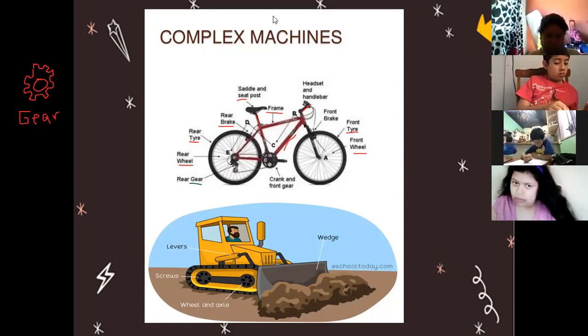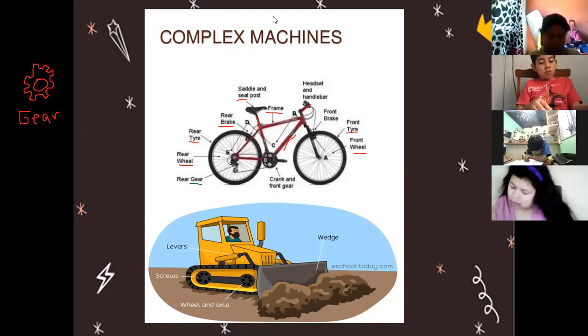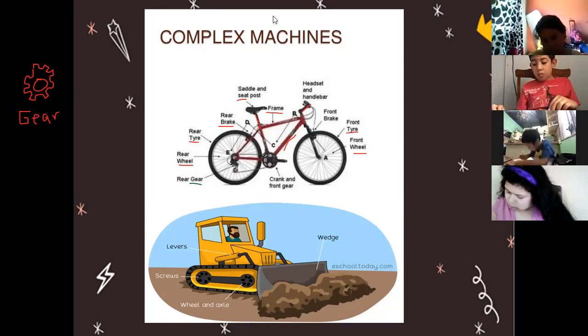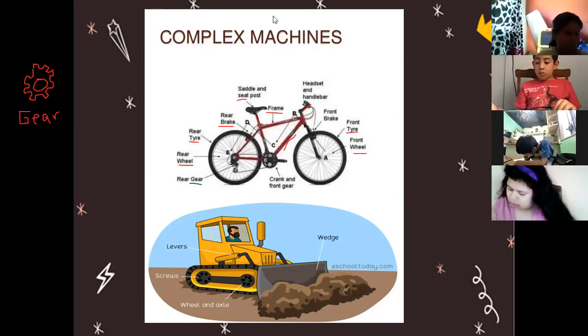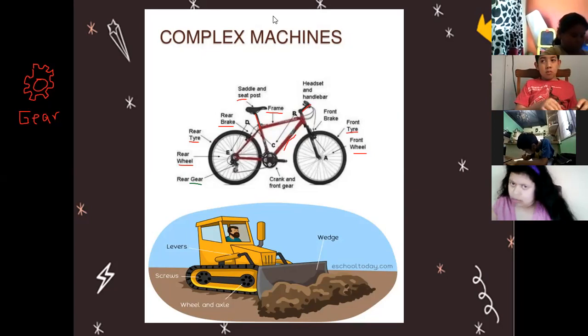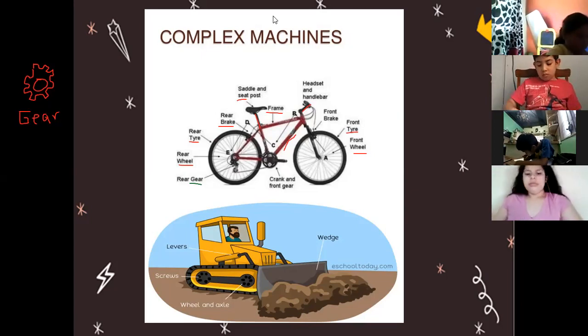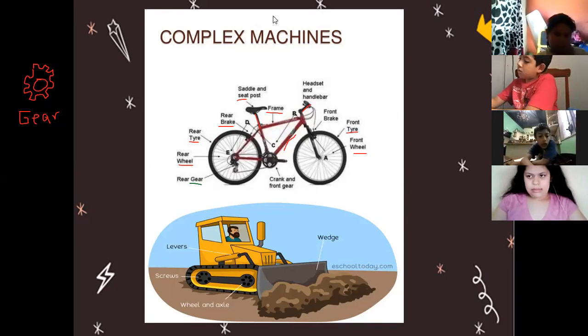So all the objects that are around you are simple, compound, or complex machines. What do you think a car is? Do you think a car is a simple, a compound, or a complex machine? What do you think? A complex.